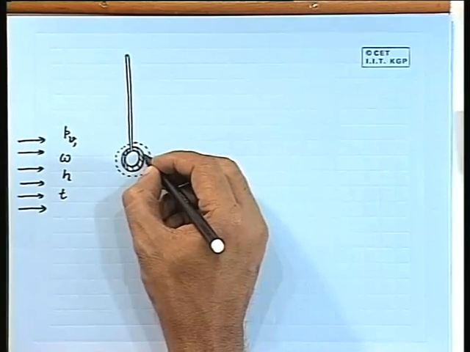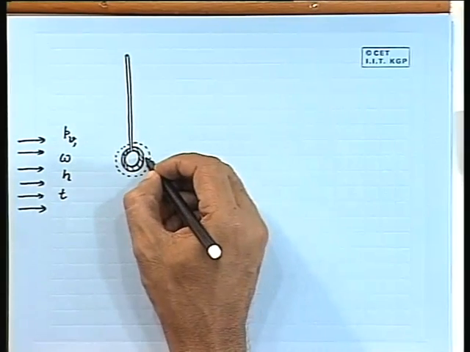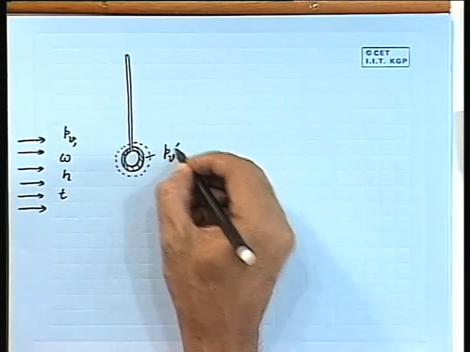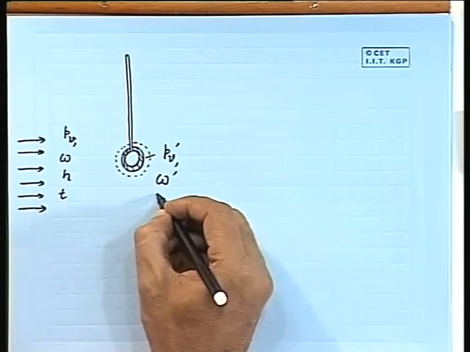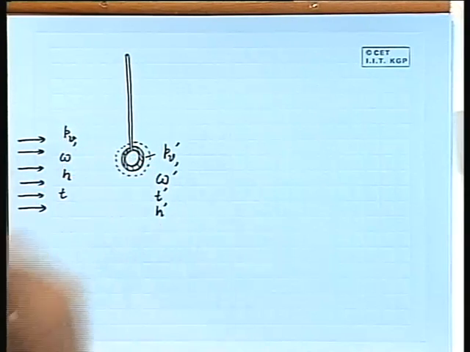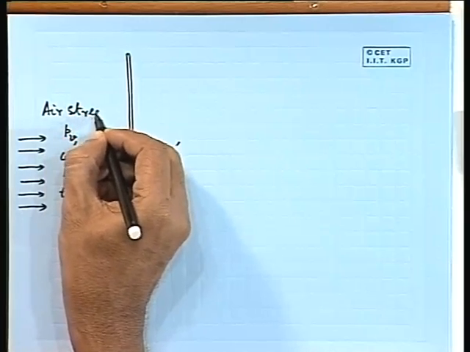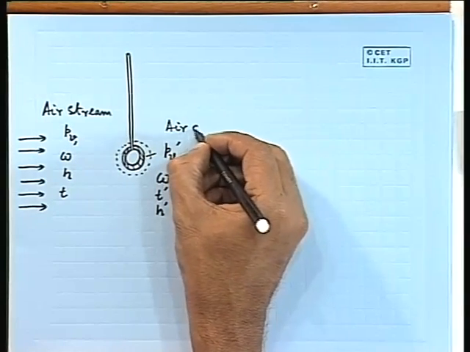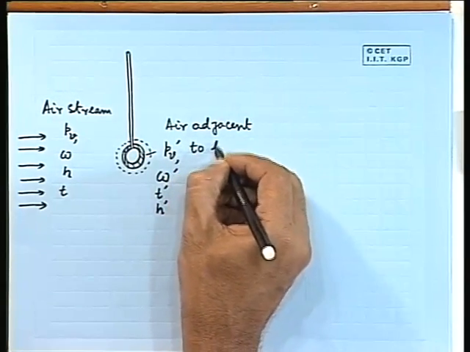And at the outer surface of the wick, the air which is saturated with water vapor will have partial pressure Pv dashed, specific humidity W dashed, temperature T dashed and enthalpy h dashed. So, this is the air stream, and this is the air adjacent to the wick.